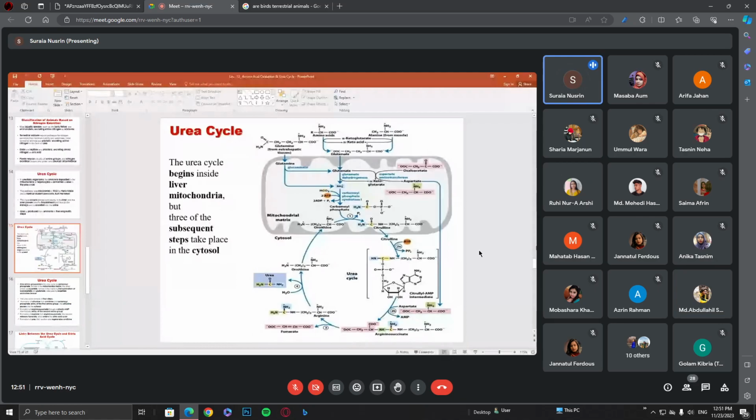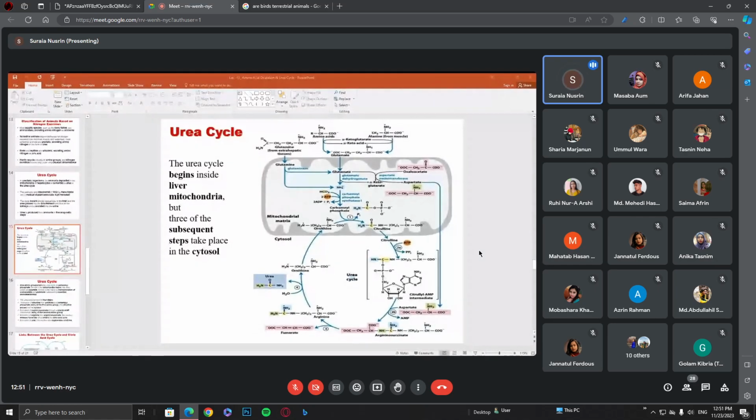Yes. So I hope you understood it. Is it clear how this keto acid from the amino acid happened? By what kind of reaction?